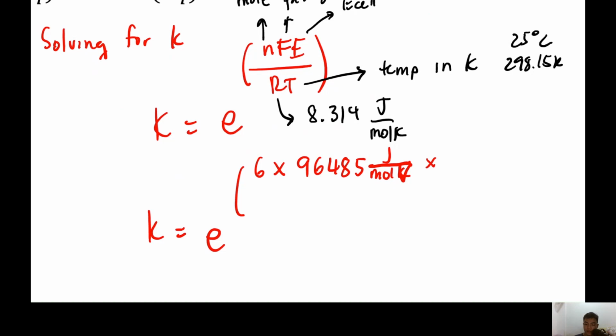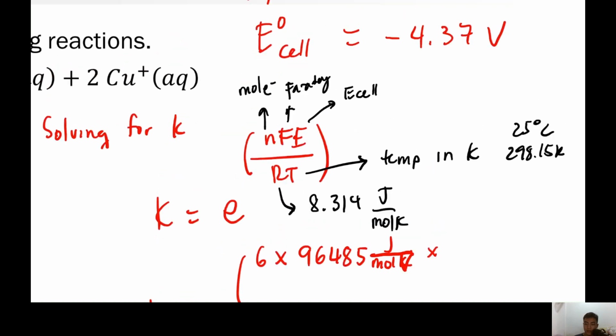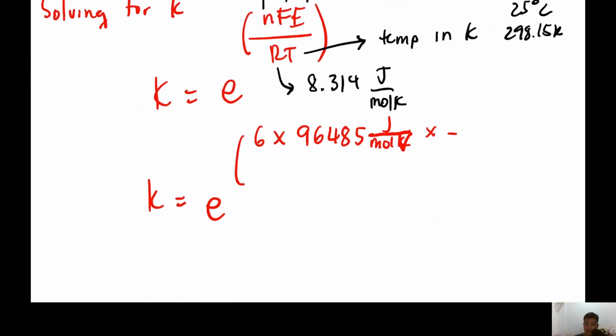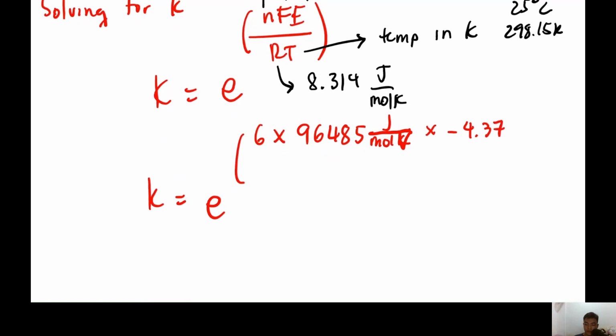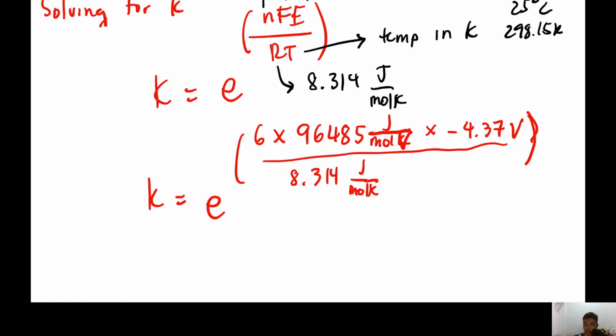And then we have E cell, which is negative 4.37 volts. Then on the denominator, we have 8.314 joule per mole Kelvin. And then we have T, which is 298.15 in Kelvin. Again, if the temperature is not stated, just use 25 degrees Celsius because we are assuming that we have a standard state system.